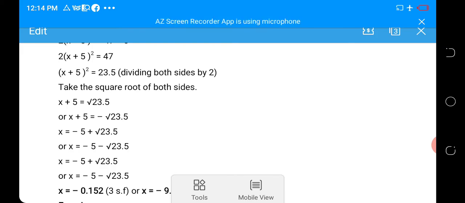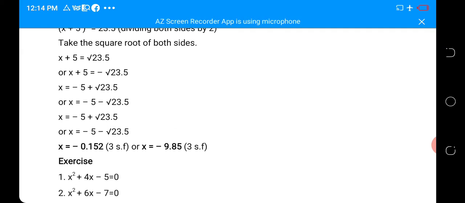Taking the square root of both sides, we have x plus 5 is equal to plus or minus square root of 23.5, which is going to transform into x plus 5 is equal to plus square root 23.5, or x plus 5 is equal to minus square root 23.5.